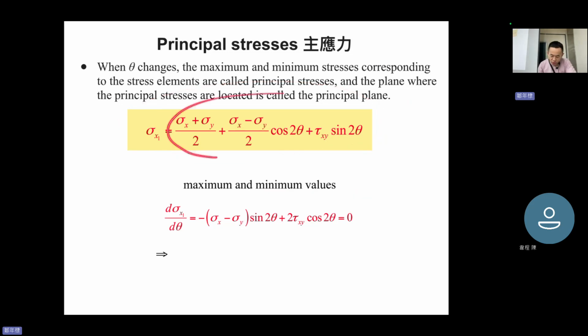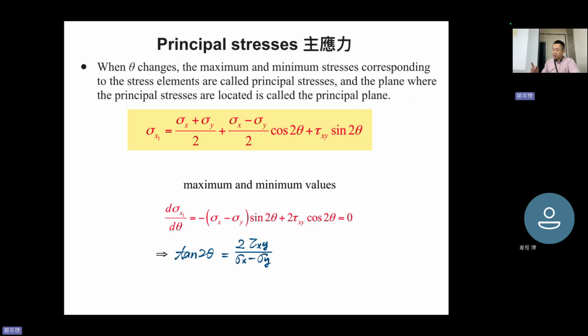We just do the differentiation and equal to 0. So this is differentiation equal to 0. So what will it be? The solution is tangent 2 theta equal to 2 tau xy divided by sigma x minus sigma y. Okay.